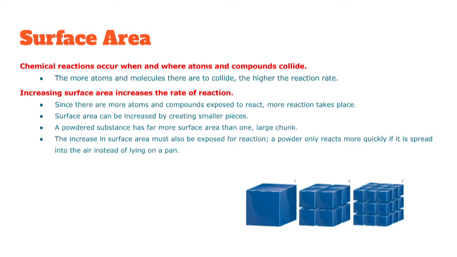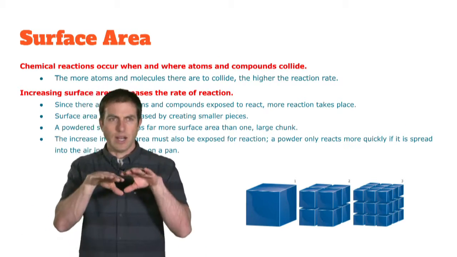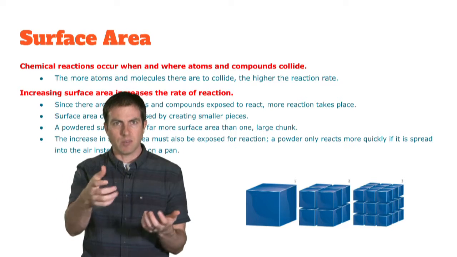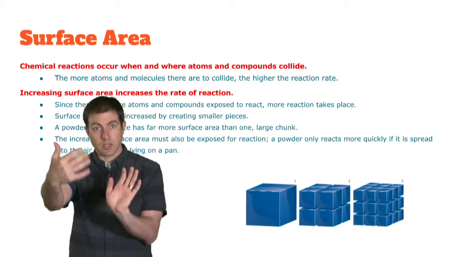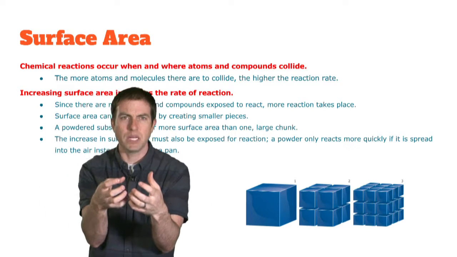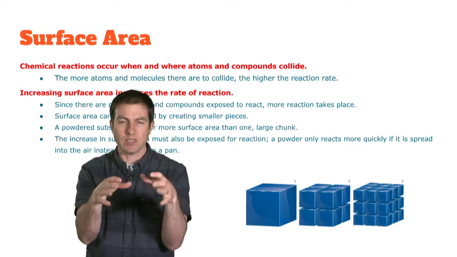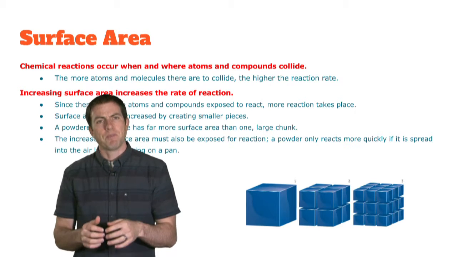So imagine you had a block of sugar. If I have a block of sugar, like this one right here, I have 6 sides that are exposed. If I put that block of sugar in something that was going to react with the sugar, you have the 6 faces that are exposed, but there's all this sugar in the middle that whatever's on the outside can't get to because it's trapped on the inside. So you're limited to the amount of surface area you have in a cube.